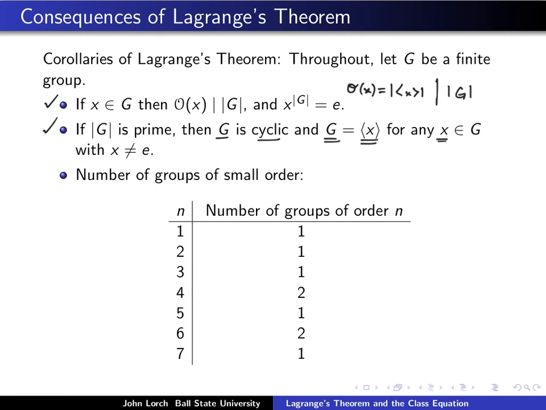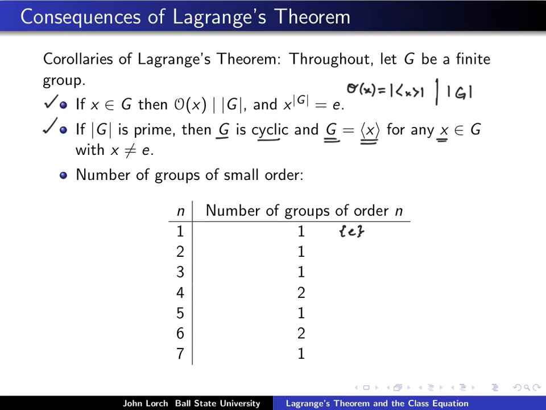So you can also use Lagrange's theorem to understand groups of small order. Here we have a little table that gives us the number of essentially different groups of various small orders. When n is 1, the number of groups of order 1 is just 1, the identity, the trivial group.